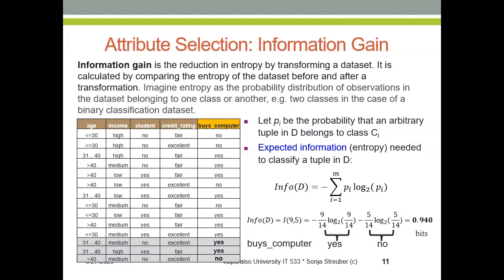For that, we need to calculate our Pi, that is the probability that any of our tuples here belongs to our class Ci, that's buys computer no or buys computer yes.